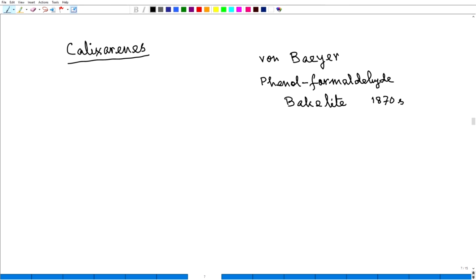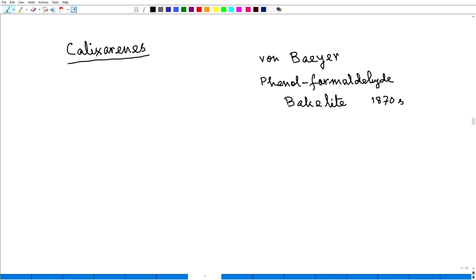Phenol formaldehyde resins or plastics are called resins or plastics depending upon the synthesis and how you cook them, what temperature, how long, etc. They found that it can be very interesting plastic material and they called it bakelite. But phenol when it reacts with formaldehyde can give a mixture of oligomers, that is called resinous materials, and sometimes it can also form plastics or bakelites.